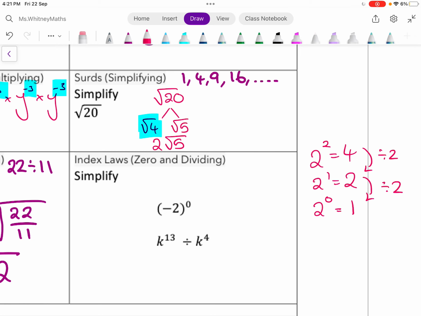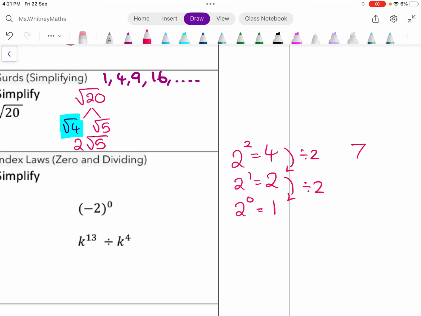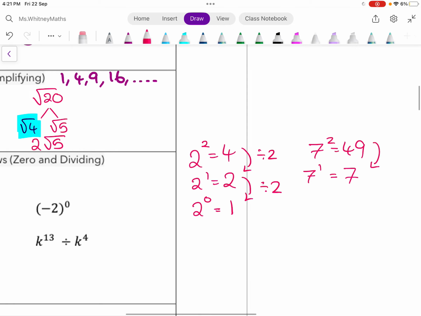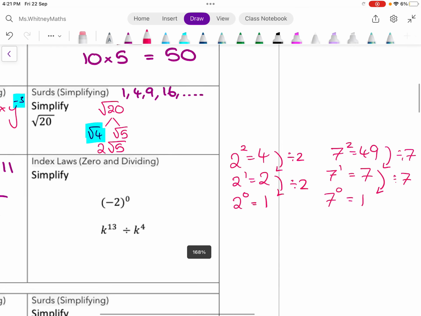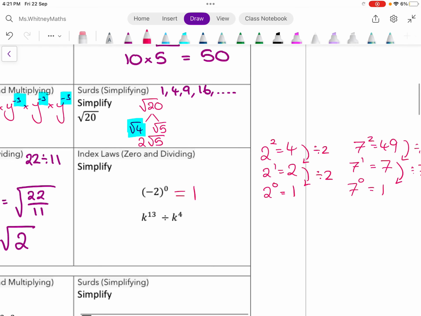The same thing works if we did 7 squared, which is 49, 7 to the 1 is 7, and we are dividing by 7. So it always becomes 1. So our first answer is 1. Anything to the power 0 gives us 1.